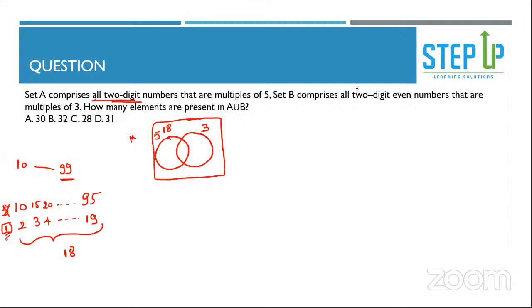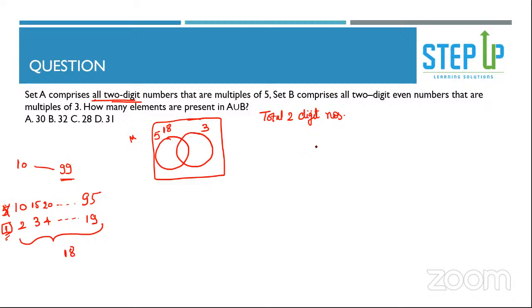Right? Total, how many numbers will be there? Total two-digit numbers. What are the total two-digit numbers? 91.